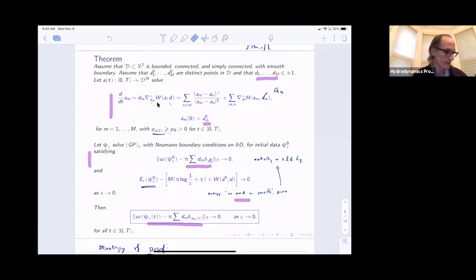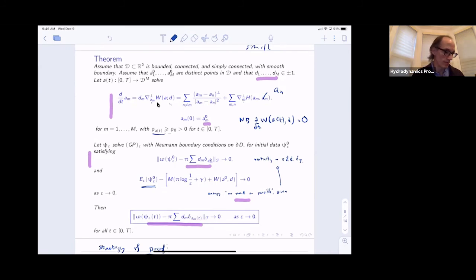Note that W of a(t), d is constant. If I carry out this differentiation, I'll get the gradient of W, the m-th component, dot product with da_m/dt, and that's manifestly zero. It's a Hamiltonian flow. Okay, so both energies are preserved by the flow, the ODE energy and the PDE energy.